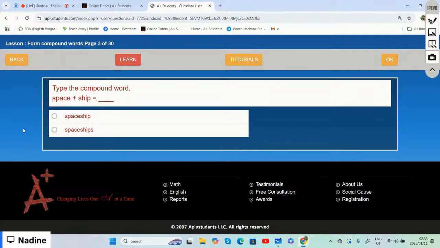Is it option one spaceship or option two spaceships?